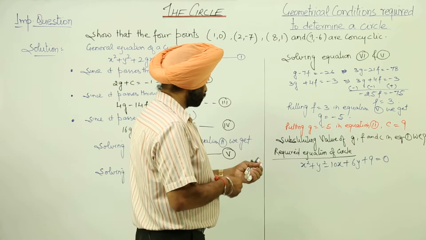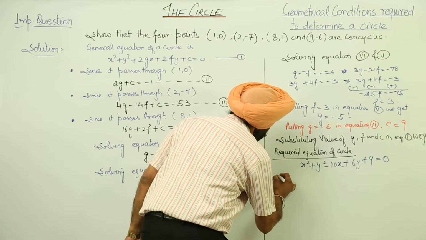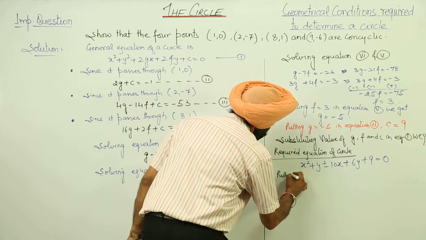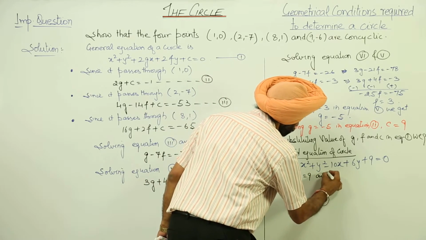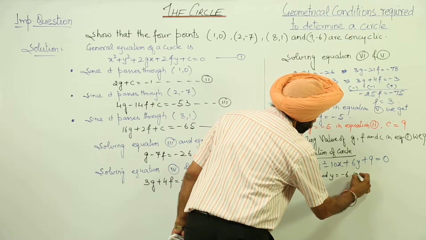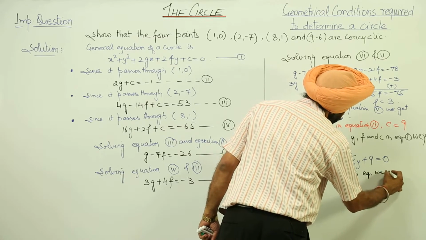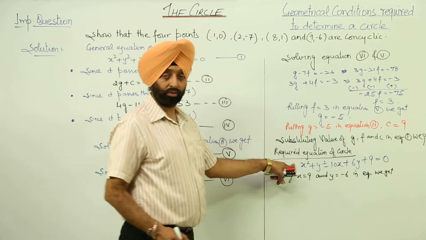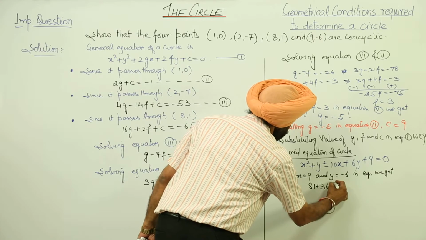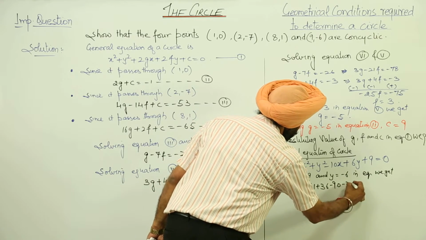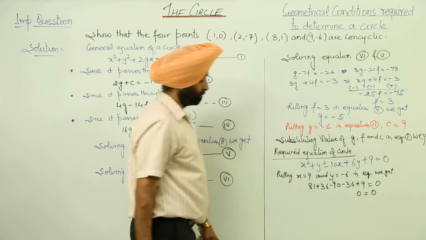Now, putting x is equal to 9 and y is equal to negative of 6 in this equation, what are we getting? 81 plus 36 negative of 90 negative of 36 plus 9 is equal to 0, or 0 is equal to 0.